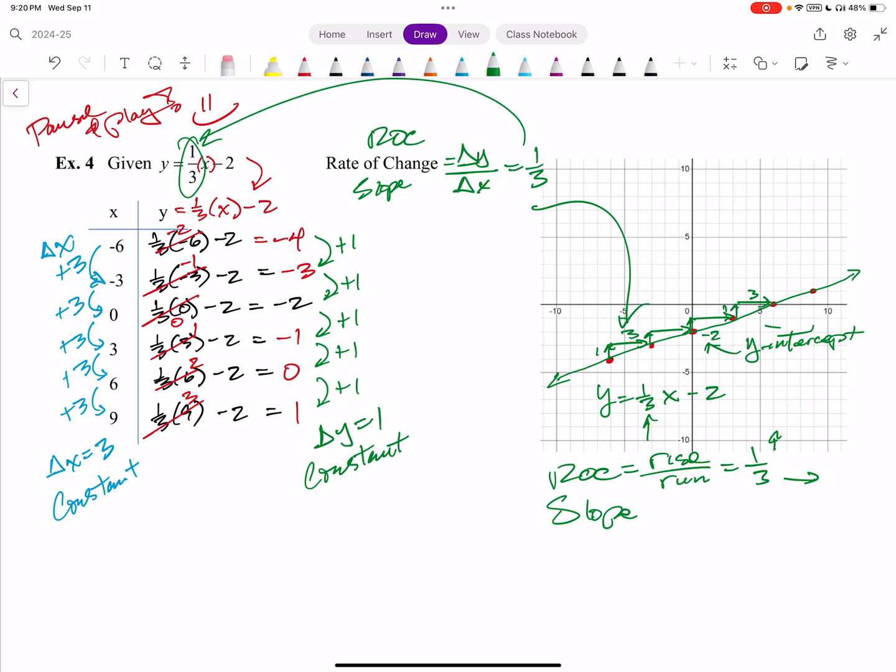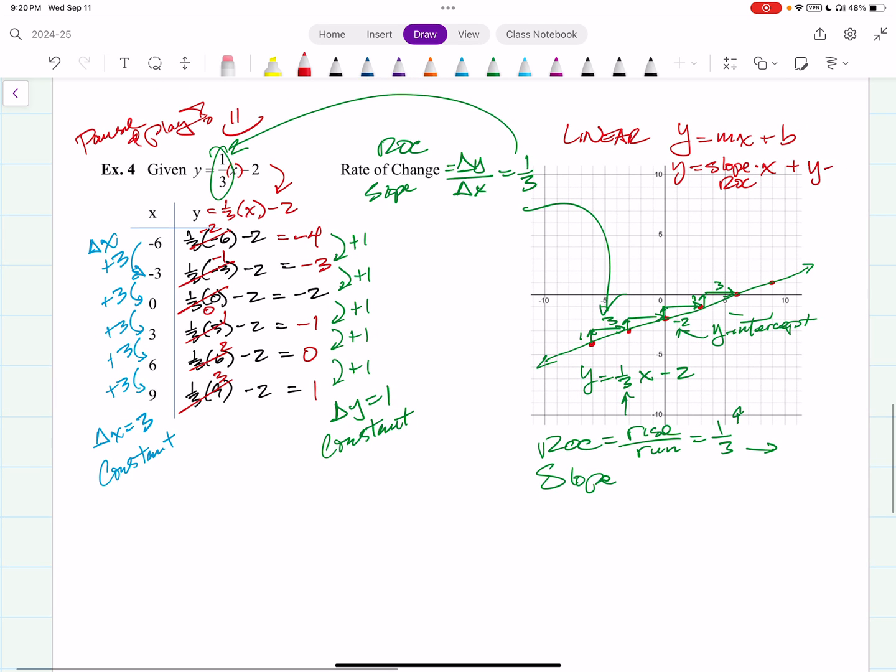So you can see it in the function itself, you can see it in the graph, you can see it in the table. And what you need to do is remember that when you have a linear function, y is equal to m times x plus b, which means y is equal to the slope, which is called the rate of change, times x plus some y-intercept, which is a number right there, which in this case is -2.